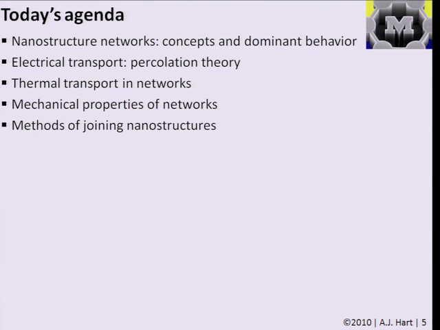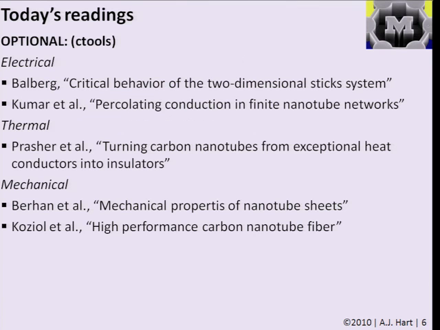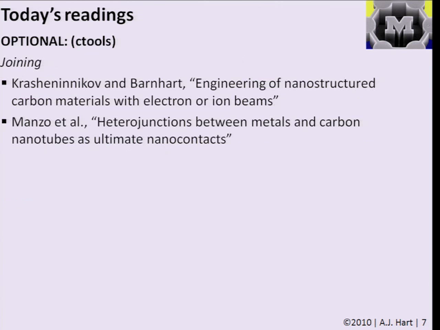Overall, the problem sets are over. We're all working on the project. I don't expect you to follow up on a lot of readings on this material, but just for reference, I have a bunch of optional papers that you could look at now or later if you want, talking about the theory and applications of electrical network properties, thermal network properties, mechanical network properties, and also on aspects of joining, particularly methods of joining carbon nanotubes using electron and ion beams to essentially zap them to move the atoms around and weld them together.